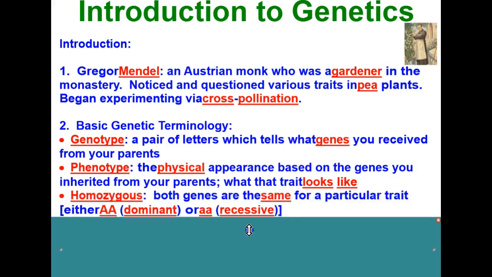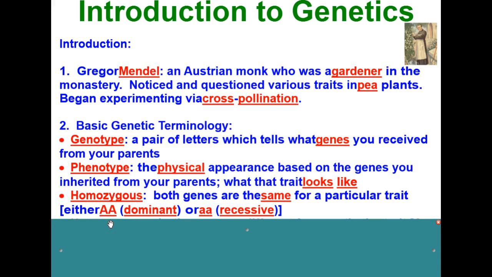Next, the term homozygous. Homo means the same. Both genes are the same for a particular trait. And the options are either dominant homozygous, and here's a genotype, a pair of letters, which tells what genes you received from your parents. We're just going to use the letter A as an example.